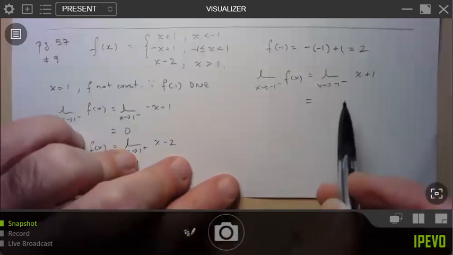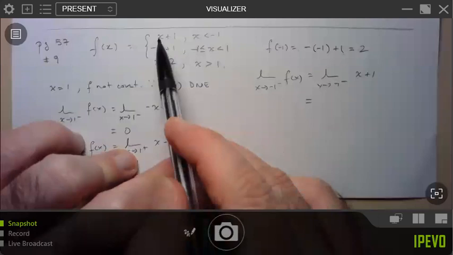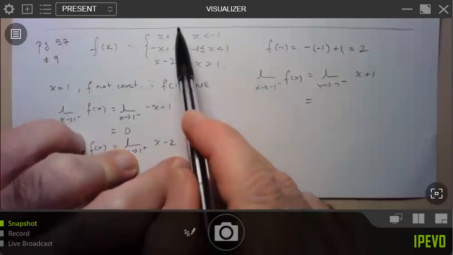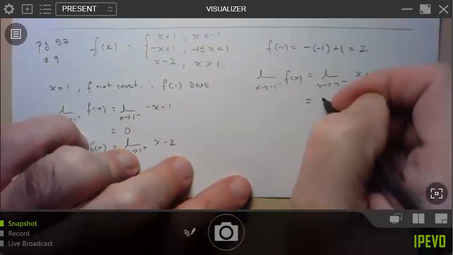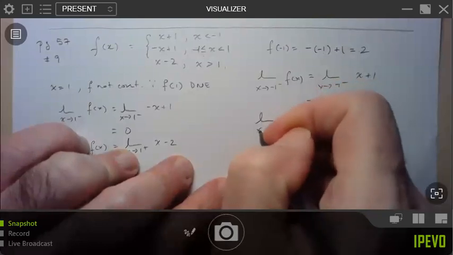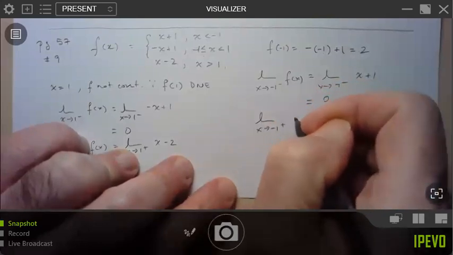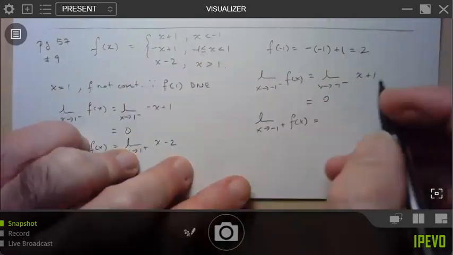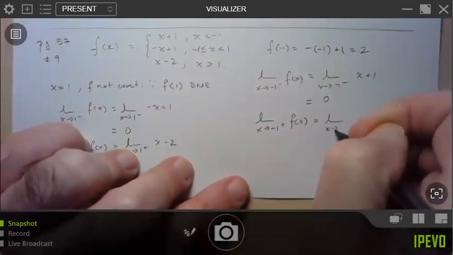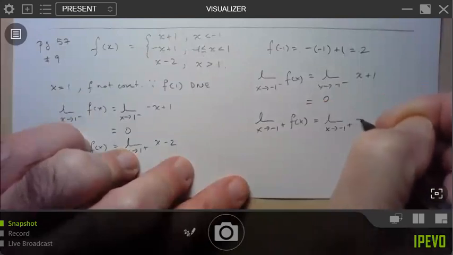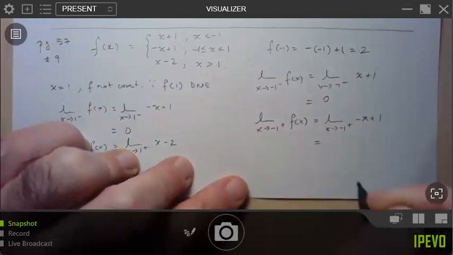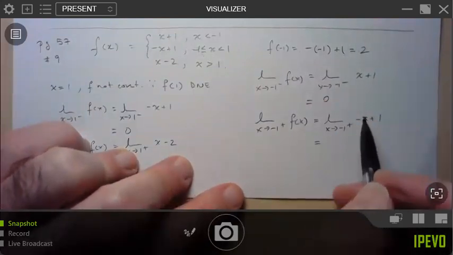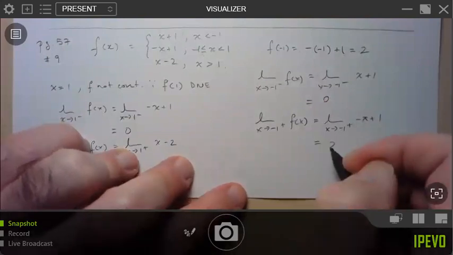All right, so now as I'm taking the limit to the left, let's go back here. Well, it's approaching using this function. So -1 plus 1 is 0. And if I take the limit as x approaches -1 from the right, well, we kind of already did that. It's going to be this function here. And that's going to be approaching -1 plus 1 is 2.